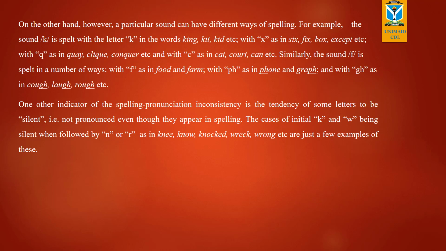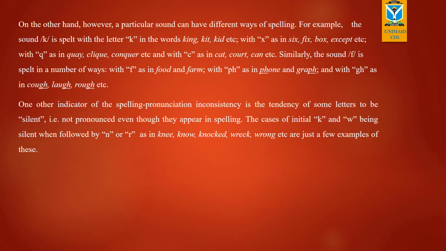As in phone and graph. And again with letters GH as in what? As in calf, laugh, and rough. That is when you have the sound F becoming PH or F becoming GH, no matter how the situation may be.